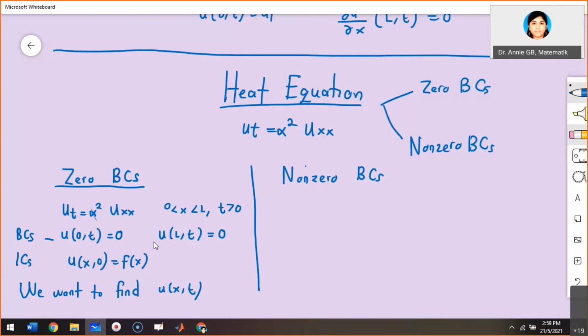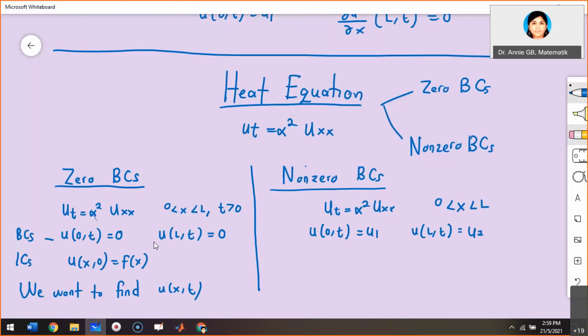Okay, now what do you say about non-zero boundary condition? Okay, so heat equation, kita masih merujuk kepada heat equation, something like that. Now, dia masih lagi kepada finite interval such that 0 to L. Okay, and then kita ada something like this. u(0,t) equals to u1. u(L,t) equals to u2.